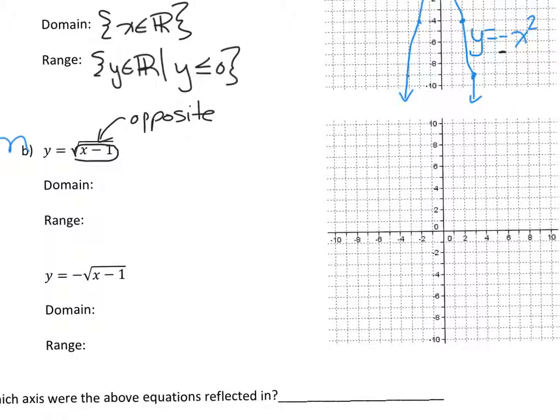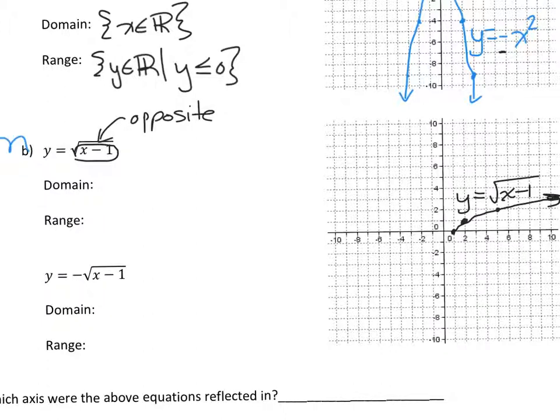So we're going to translate this to the right 1. So we're going to take our parent graph, which normally would be right like so. As you can see, we've got the normal parent graph of square root of x translated to the right one for the parent graph on this particular example to be y equals the square root of x minus 1.